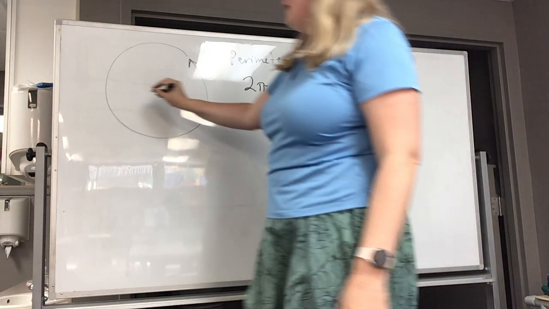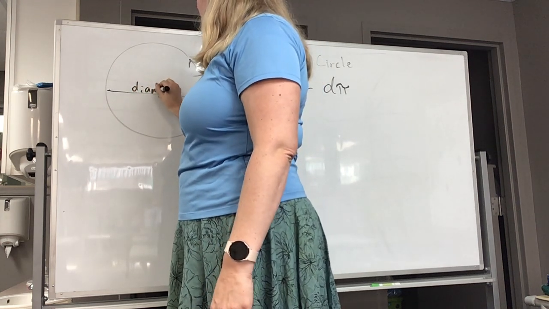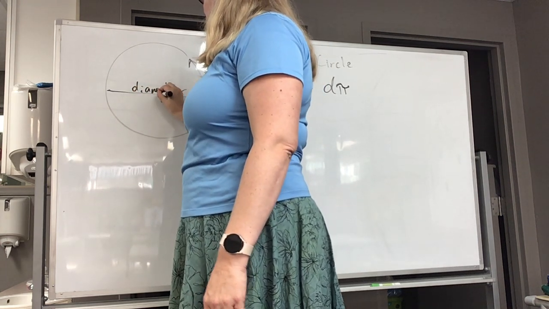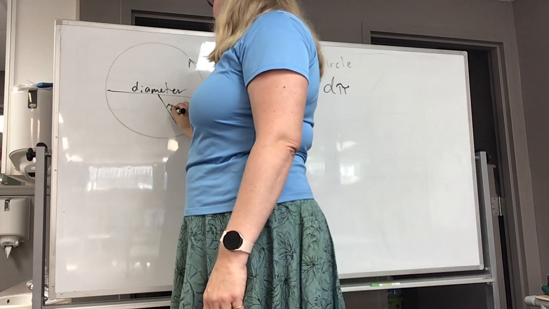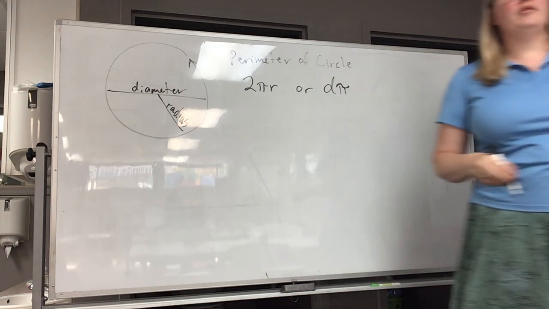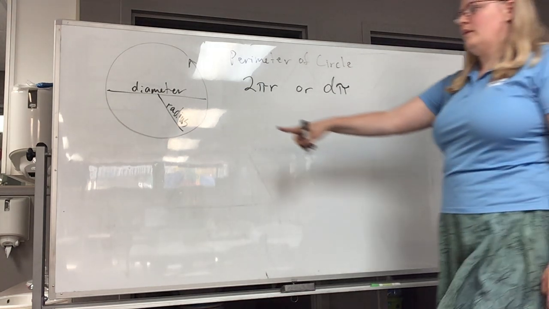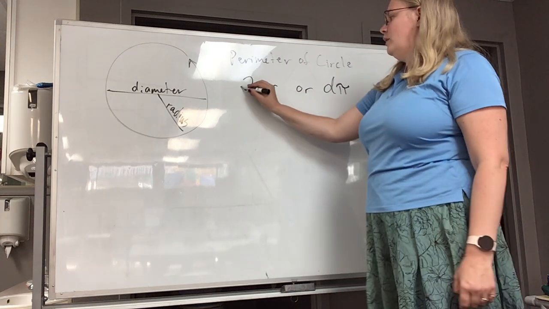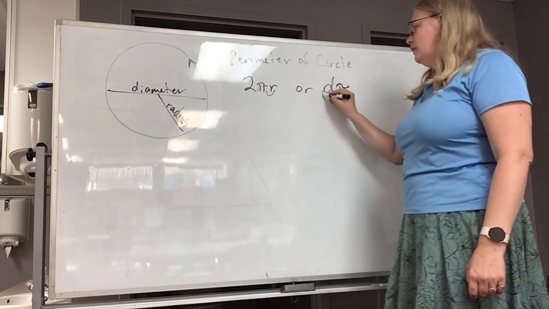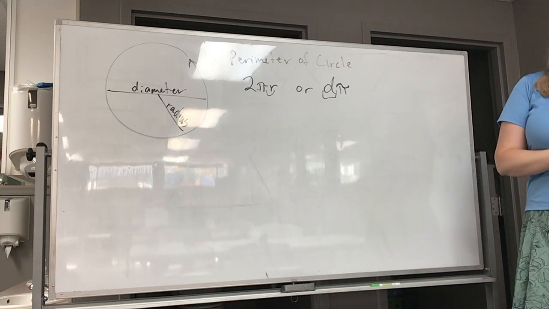Remember that the diameter is all the way across versus the r is the radius, and that's just from the center to the outside. As long as you remember the relationship between the two of them, this 2 and r gets replaced by diameter. 2 radiuses make a diameter.